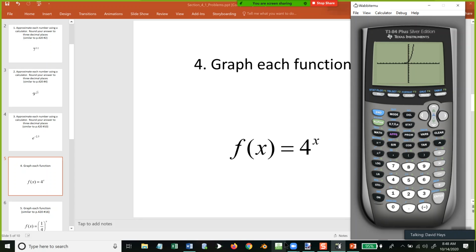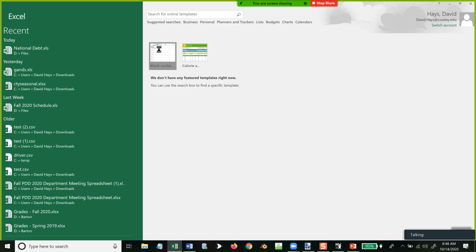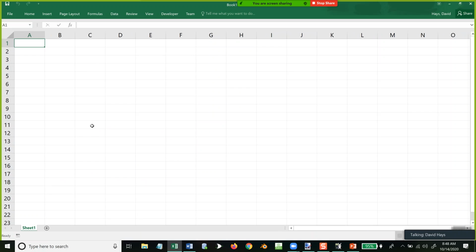To give you an idea of exponential growth, how it builds, I'm just going to do this based upon one deposit of $1,000. Say I have $1,000 I want to deposit.